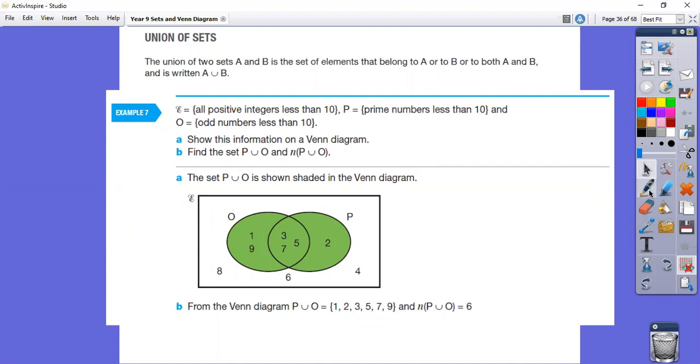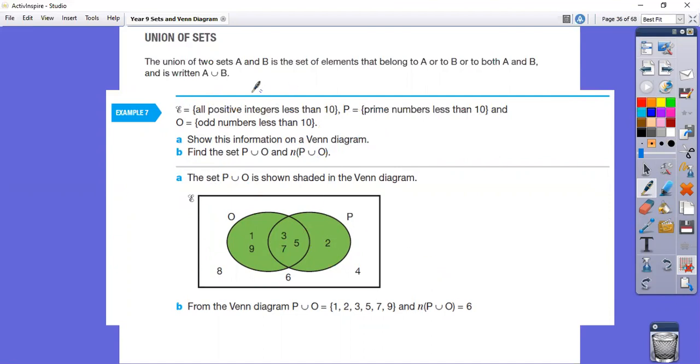Show this information pictorially in a Venn diagram. Part B, find the set P union O and the number of elements in P union O.